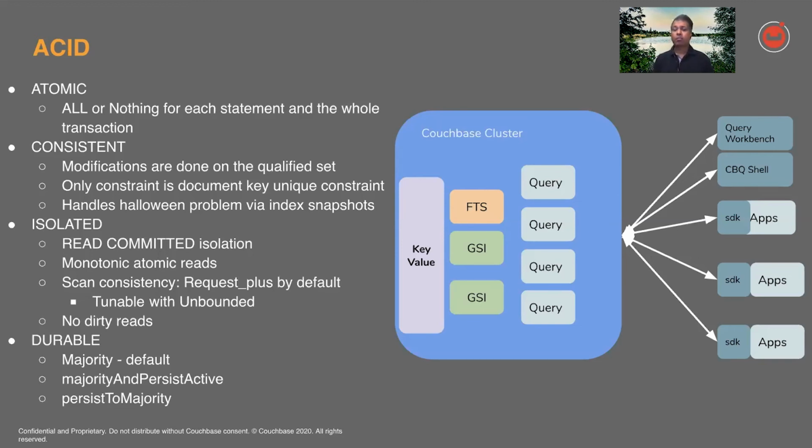So that's how we support the ACID semantics within the N1QL transactions. And like I said before, this transactions feature is available through all the SDKs as well as the CBQ shell and query workbench.